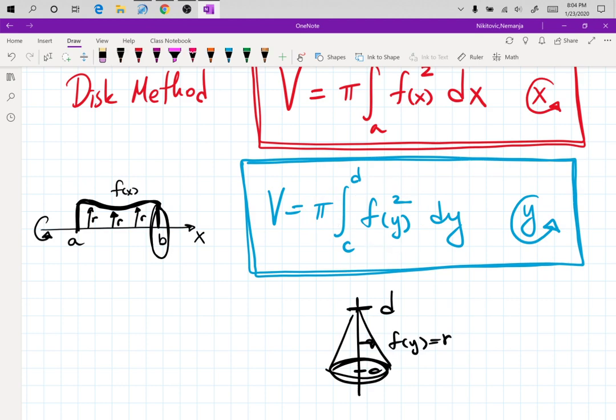Now it's a good time to remind you that there is a multiplication symbol in front of dy and dx and so on. And the integral of that dy with the c and d is going to give you the length, which is either length or a height, depending on which way your object or your axis of rotation is.